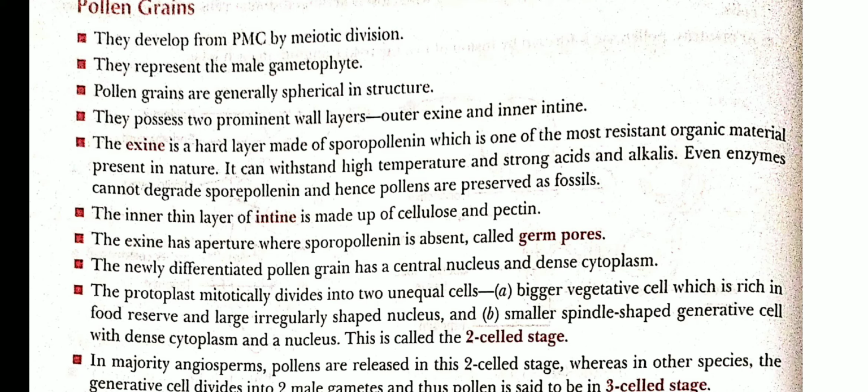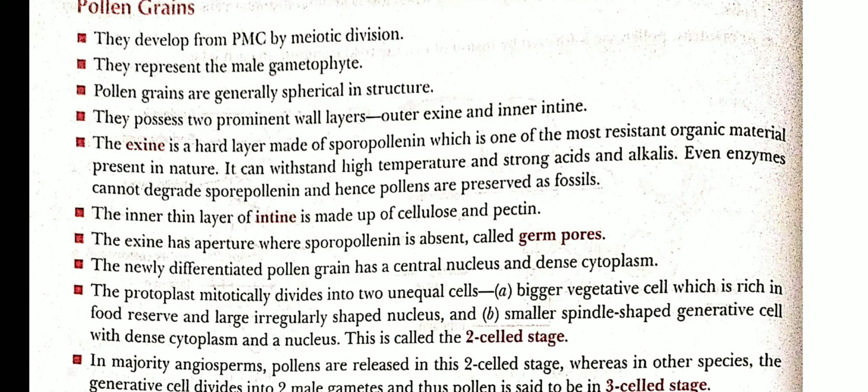The exine has apertures where sporopollenin is absent, and this aperture where exine is absent is called the germ pore. A newly differentiated pollen grain has a central nucleus and dense cytoplasm. The protoplast mitotically divides into 2 unequal cells.